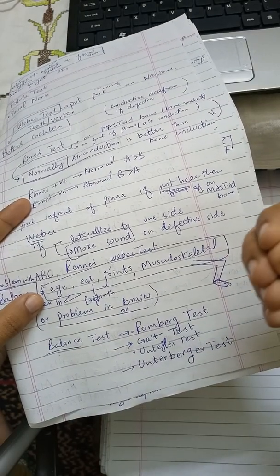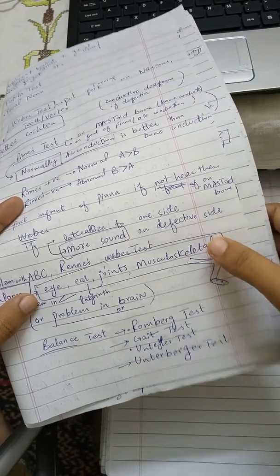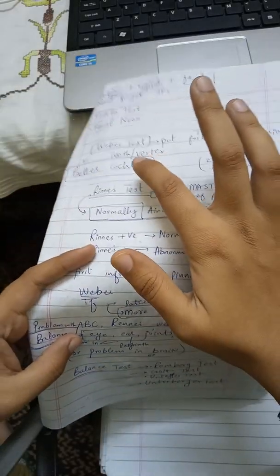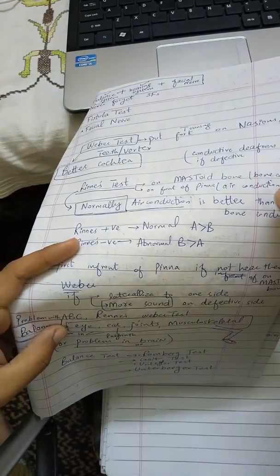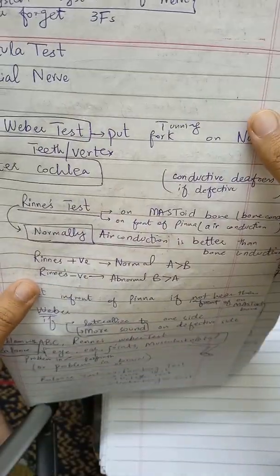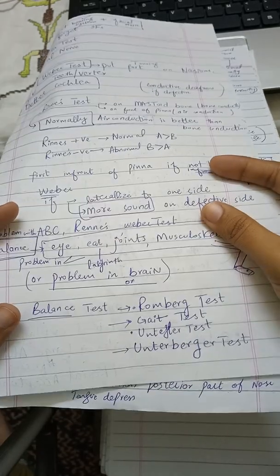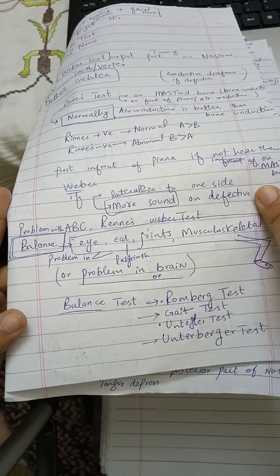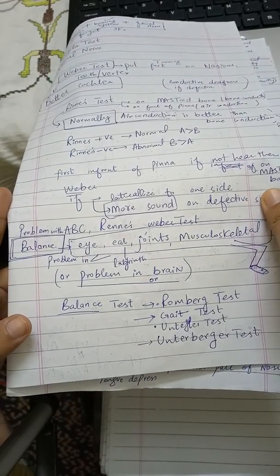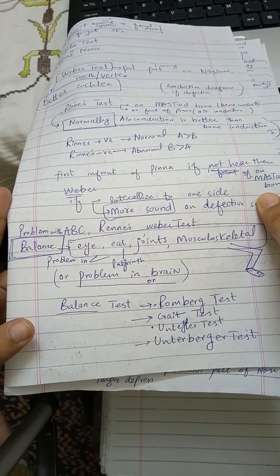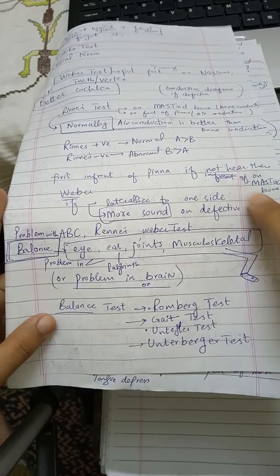Which side is defective? There will be more sound on the defective side, as we have discussed. We put the tuning fork on the nasion, teeth, or vertex in the Weber test. And then any problem can be detected with the Rinne's or Weber test.